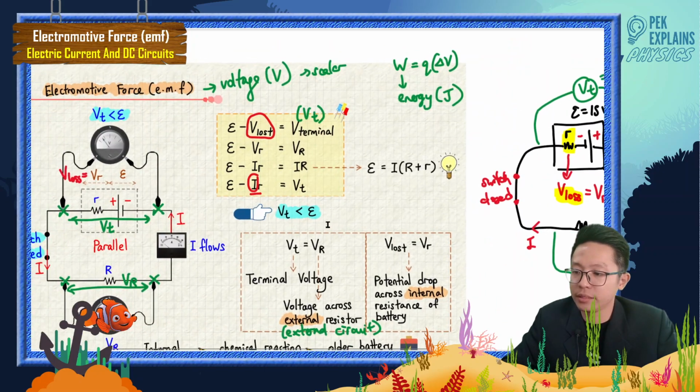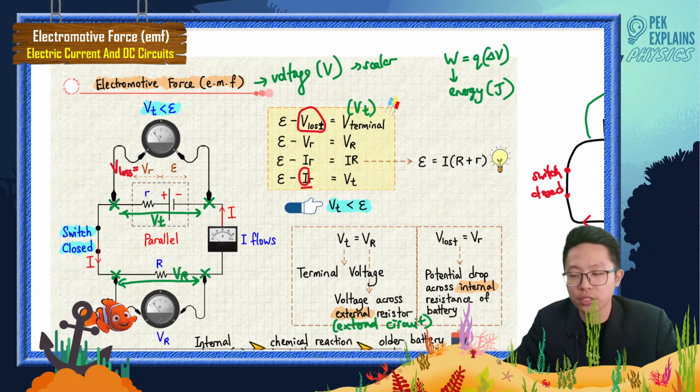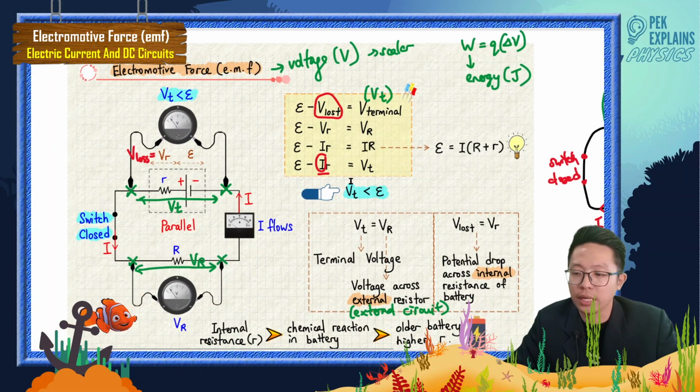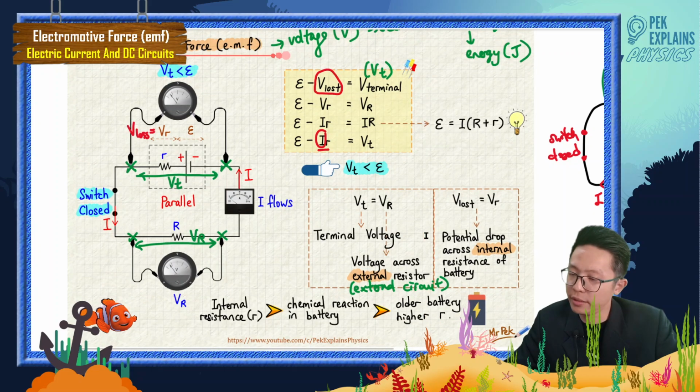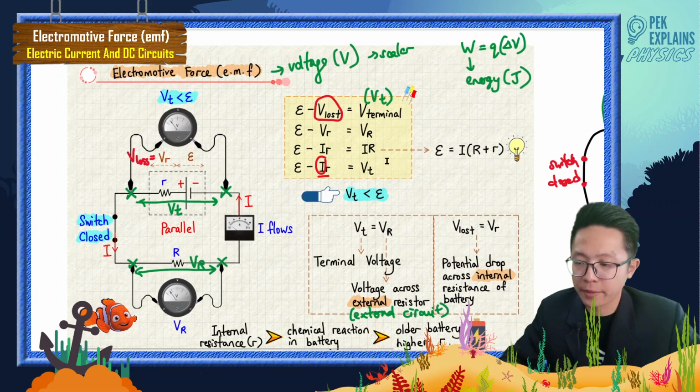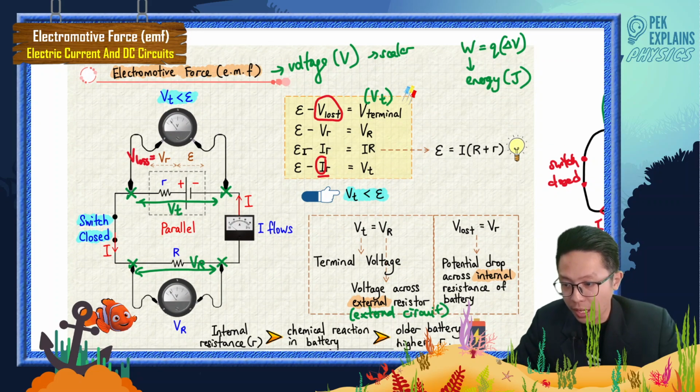That's it. When you have current, you have voltage loss across the internal resistor. So that's why the terminal voltage is less than the EMF when the switch is closed. I'm adding one more thing here. You see this equation: E minus Ir equal to IR.